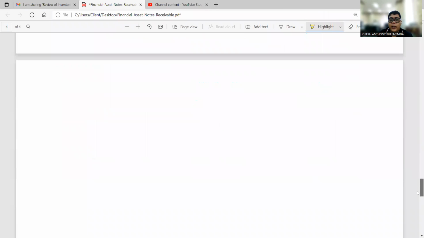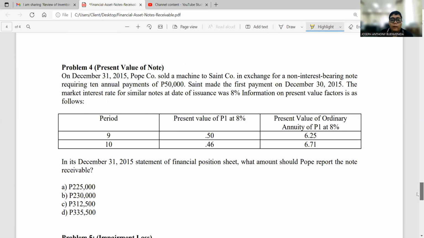Okay, so next, problem 4. The present value of the note. On December 31, 2015, Pope Company sold a machine to Saint Company in exchange for a non-interest-bearing note requiring 10 annual payments of 50,000. Saint made the first payment on December 30, 2015.